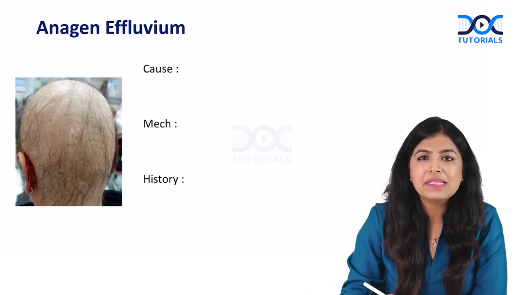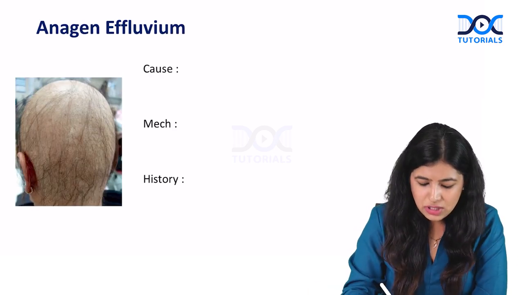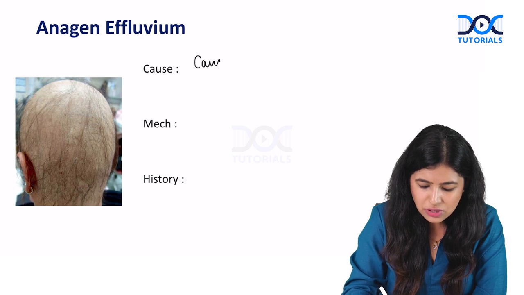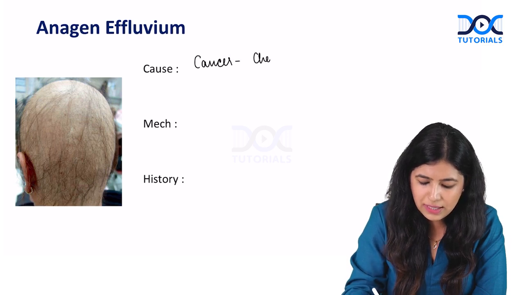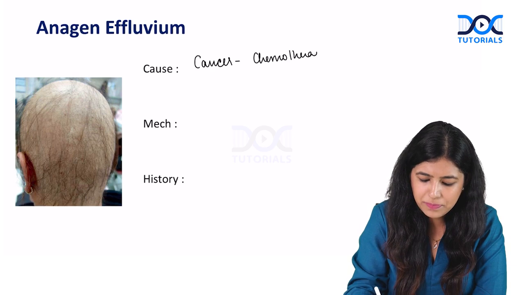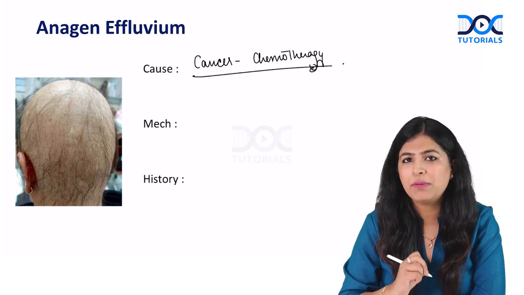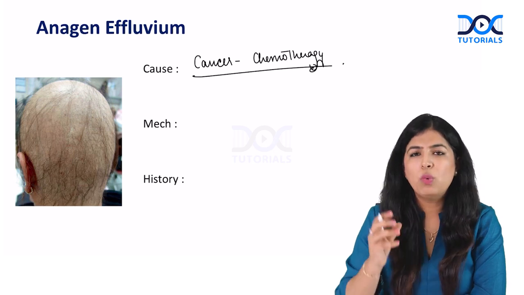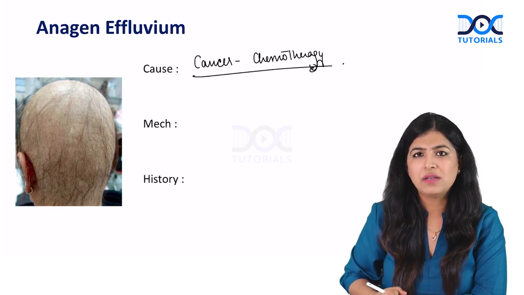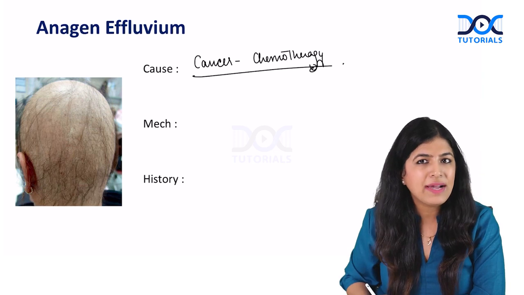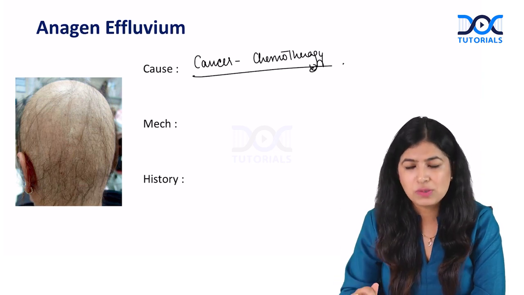So where does anagen effluvium happen? It generally happens in cancer patients who are undergoing chemotherapy. Now, when chemotherapy drugs are given, they act on rapidly dividing cells, and the hair matrix is one of them.